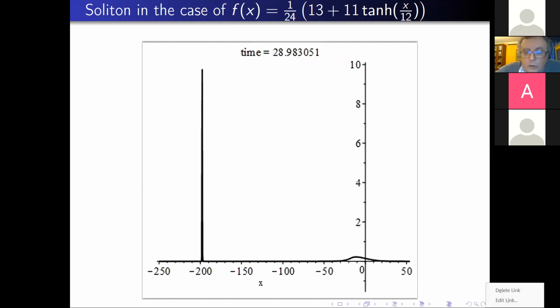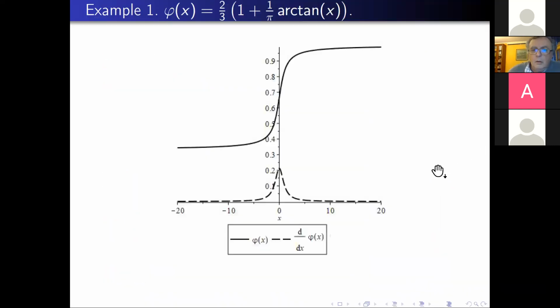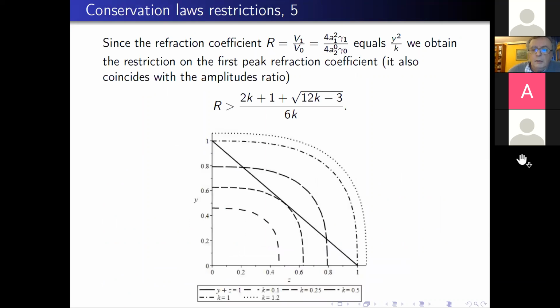It is also a B-soliton result, and I'd like to show that since there is no reflection, this corresponds to this intersection point.